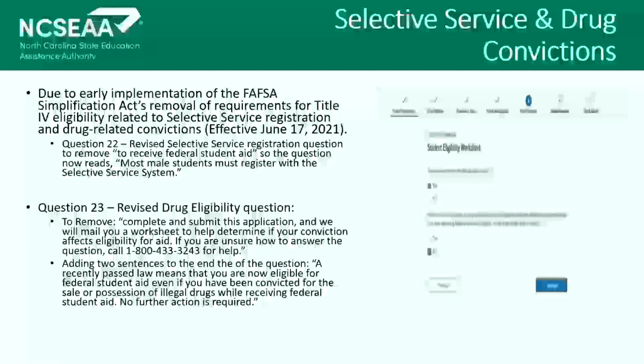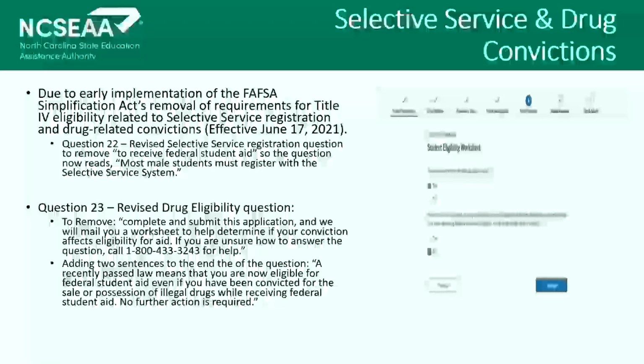Earlier this year, due to the new Simplification Act, that requirement to receive federal student aid has been removed. The question has been revised, and those words have been removed from the question. It will still ask the student if they want to register with Selective Service, but it does not indicate that it's a requirement in order to receive federal student aid.